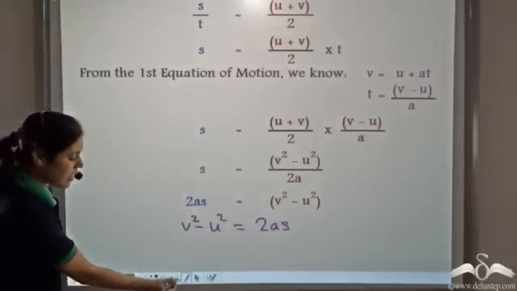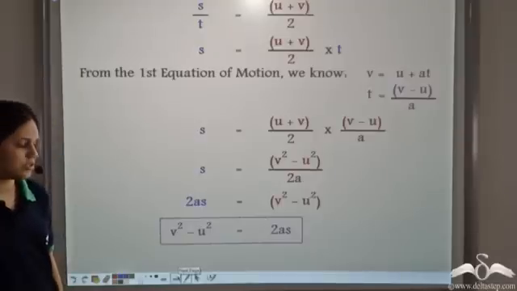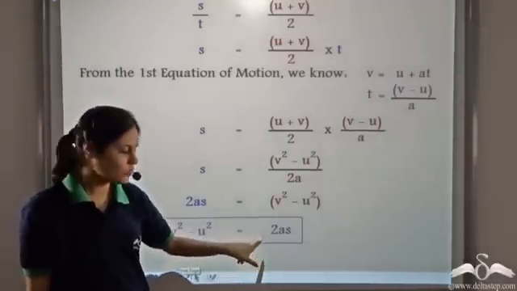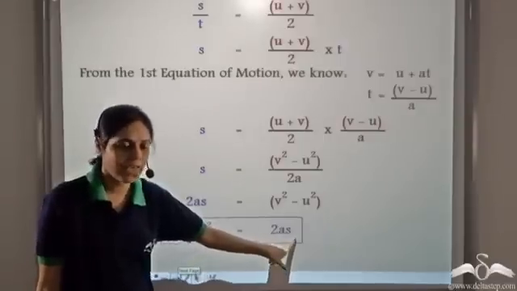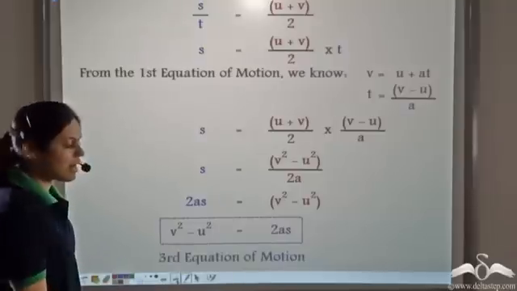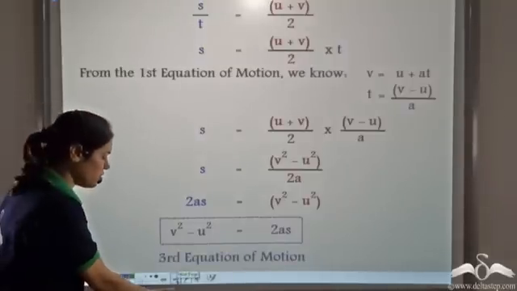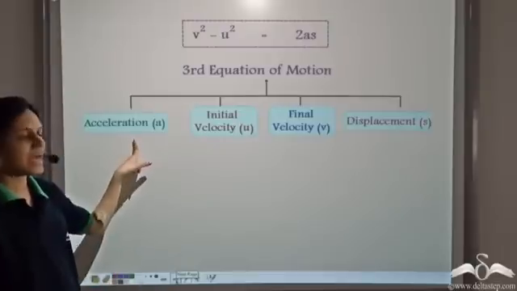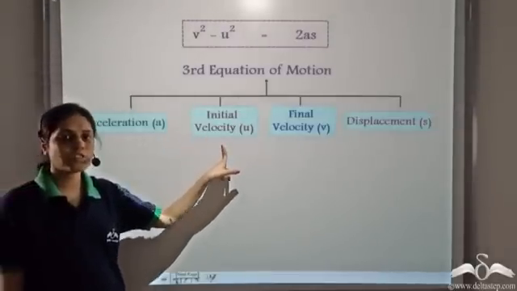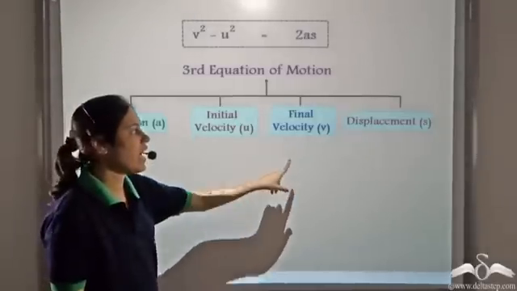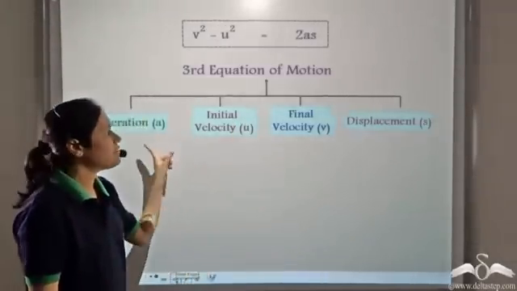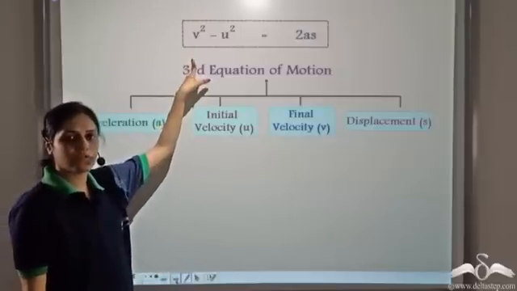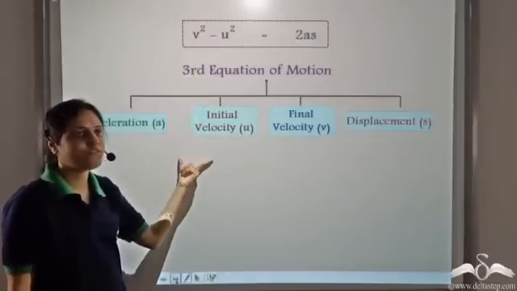And this is our third equation of motion. So, v square minus u square is equal to 2as. The third equation of motion is a relation between acceleration, initial velocity, final velocity and displacement. Given any three of these terms, we can use the third equation of motion to find the fourth one.